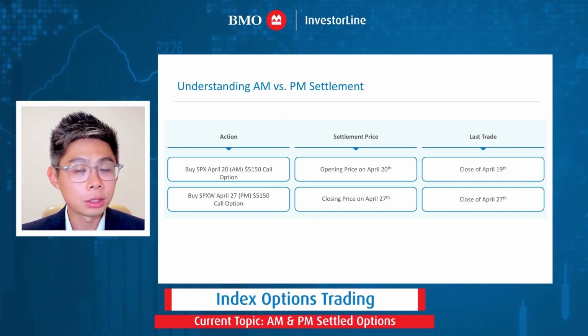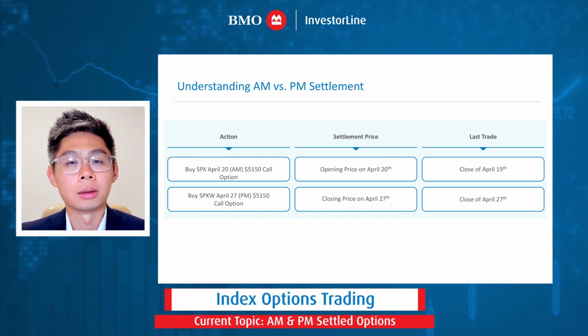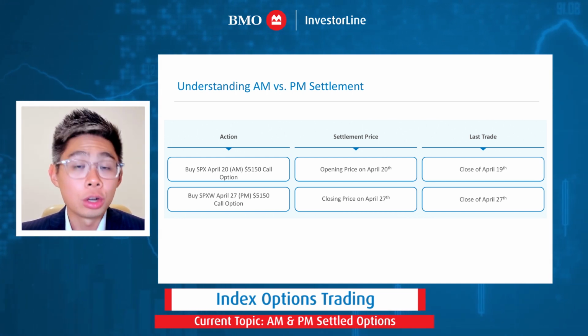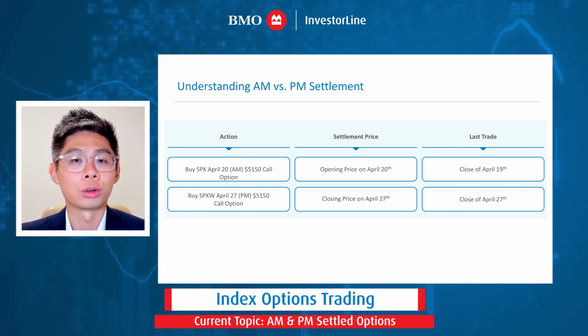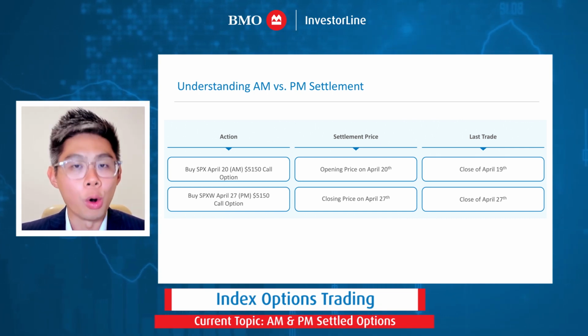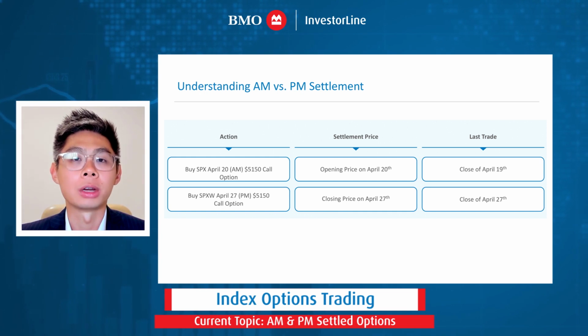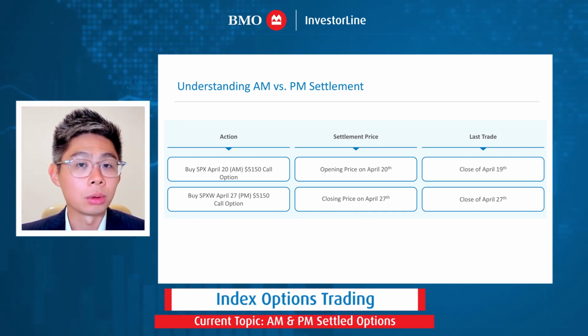Maybe big earnings push the index higher or lower overnight. Whatever happens overnight will be reflected in the P&L of your trade. This is what we call overnight risk when you're trading AM settled options, which you simply don't have when you're trading PM settled options. So this is something that I think is important to be aware of.